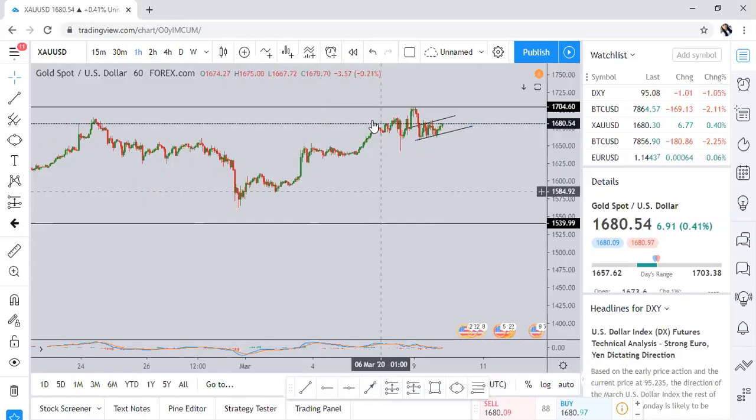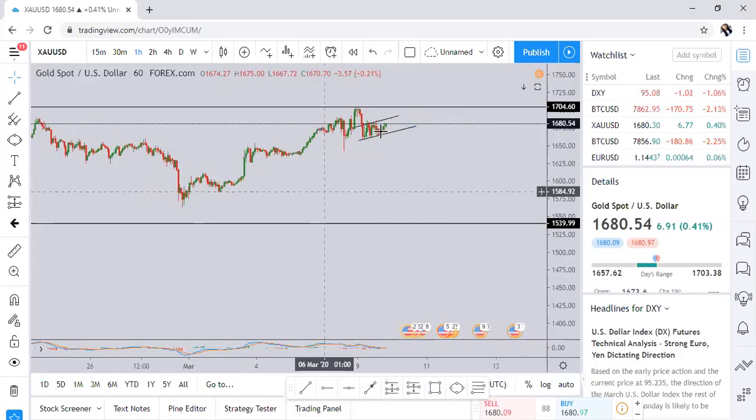This is the impulse move. This is the first touch, then you have the second touch. The price is rising up to give us the third touch. Then after that, boom. So this is this area now.